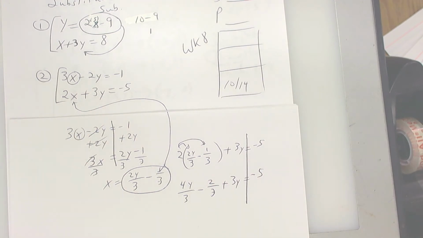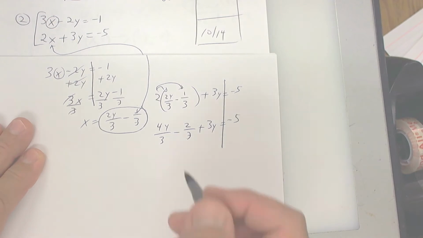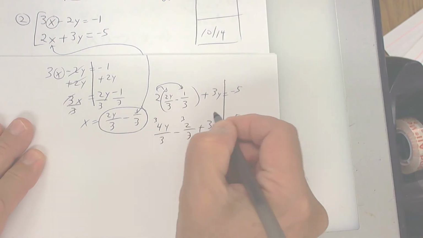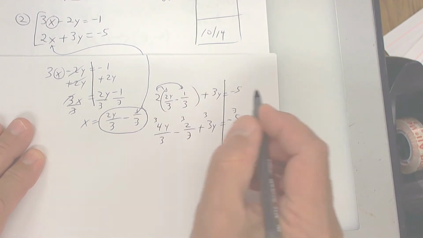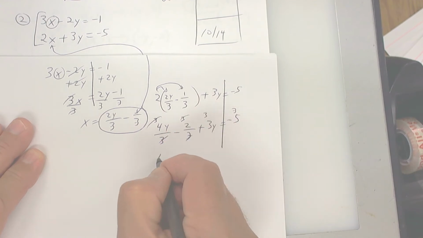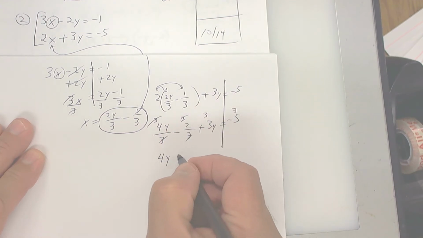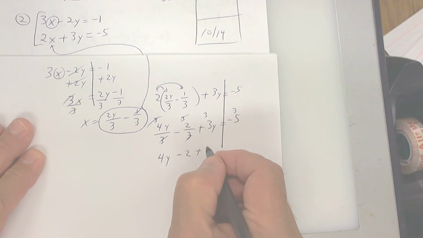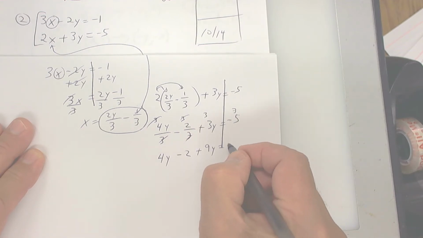Now what you can do at this point, I know it looks bad, is clear your denominator. So you can multiply each one of these by 3. When you do that, you're going to get 4y minus 2 plus 9y is equal to a negative 15.